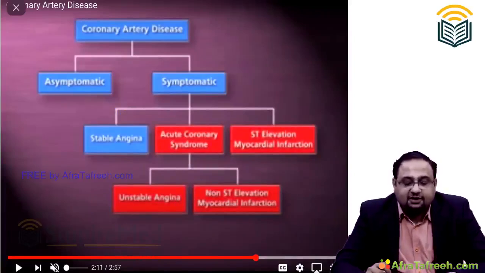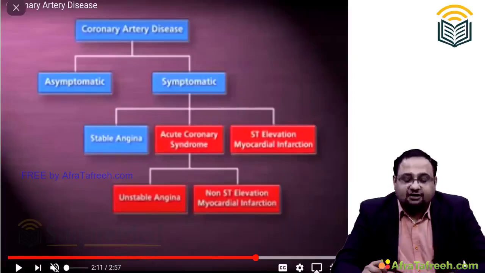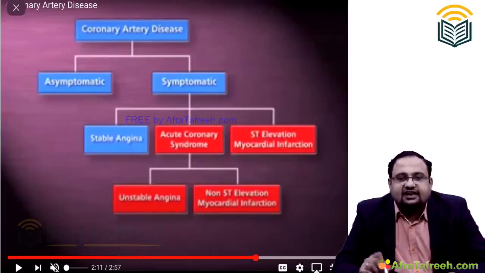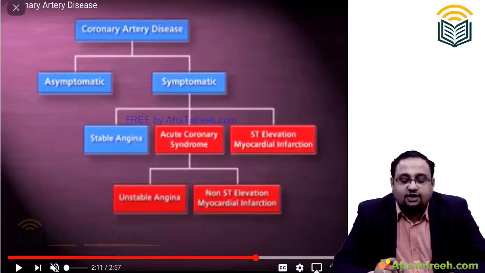In acute coronary syndrome, if the blockage is between 70 to 95% and the enzymes are normal, then it is labeled as unstable angina. However, if the blockage is between 70 to 95% but the enzymes are raised, then it is called non-ST segment elevation myocardial infarction.